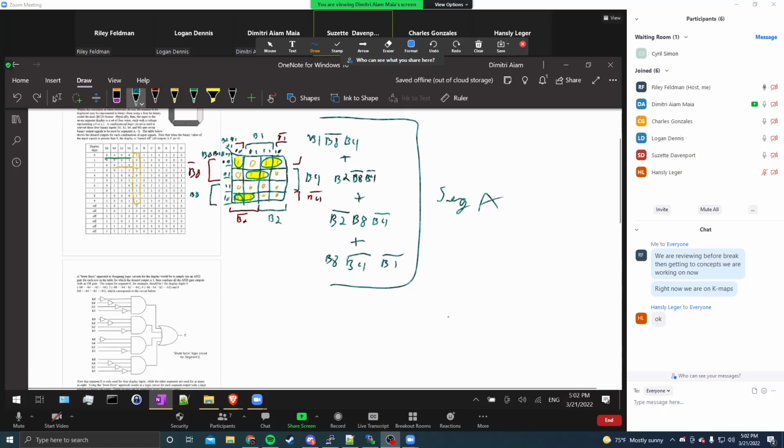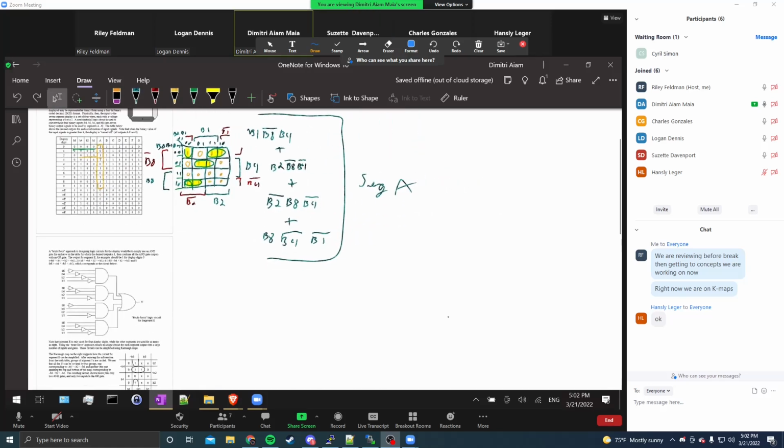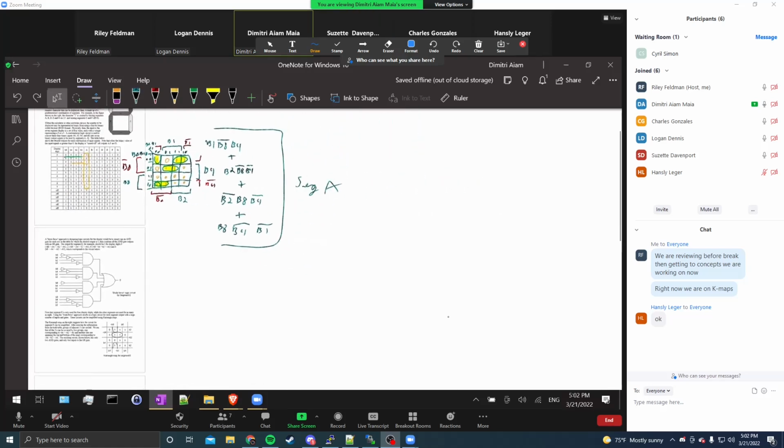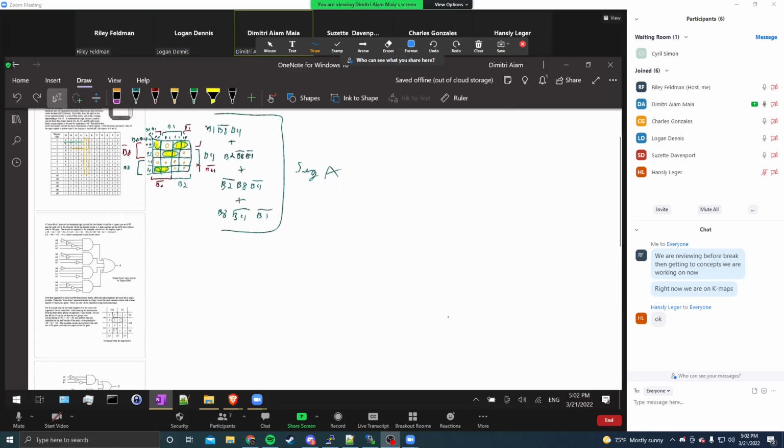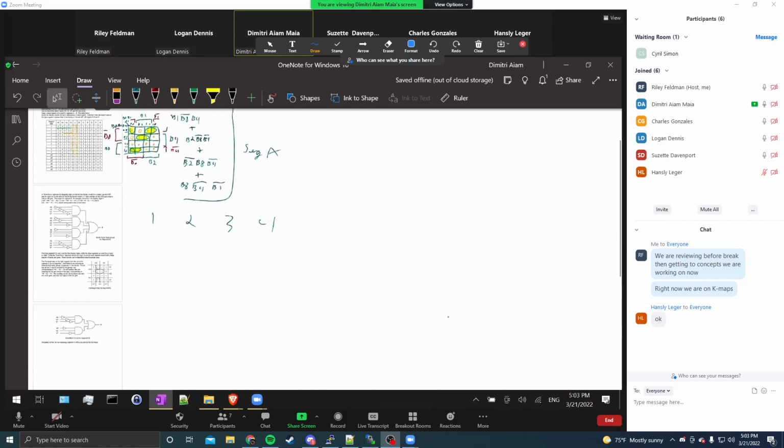So this is something I'll review, since many people still have questions from last exam. So I'll draw it. So B1, B2, I'll just make them go like numbers 1, 2, 3, 4. Yeah, that's easier.